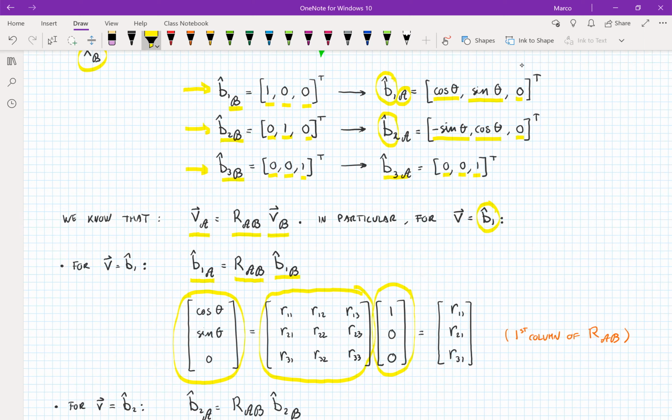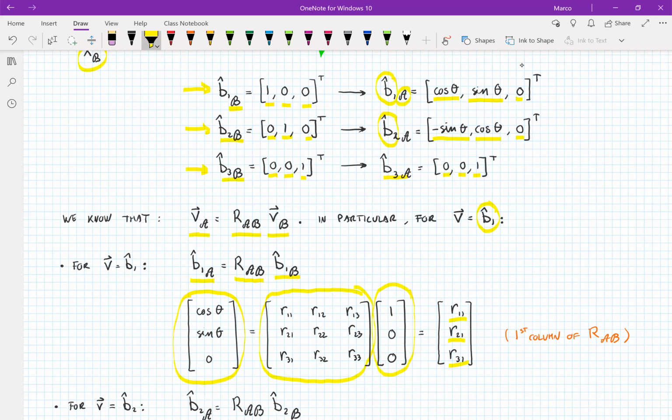Notice that if we multiply this matrix with the 1, 0, 0 vector, we're only retaining the first column of the matrix. So the result is R11, R12, and R13.